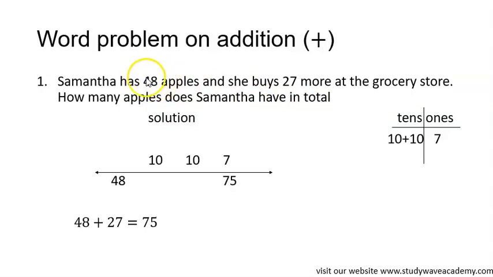So we have 48 apples and she buys 27 more apples. So we have to add 48 and 27. You can create your own number line if you were not given one.